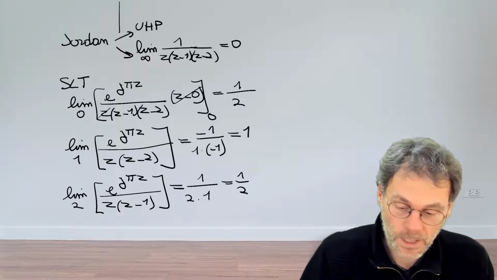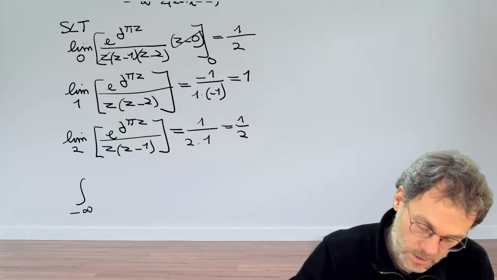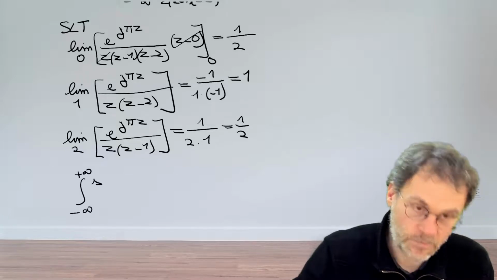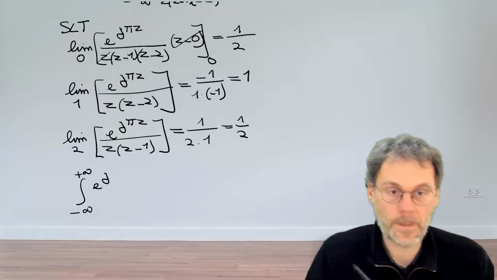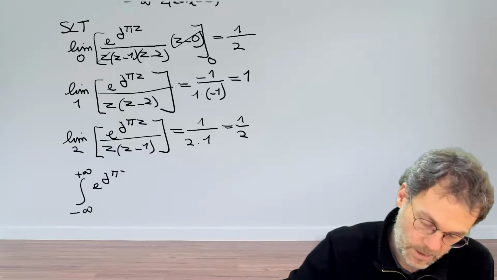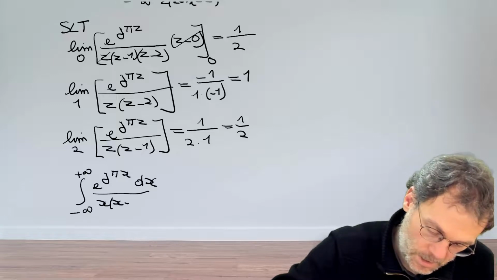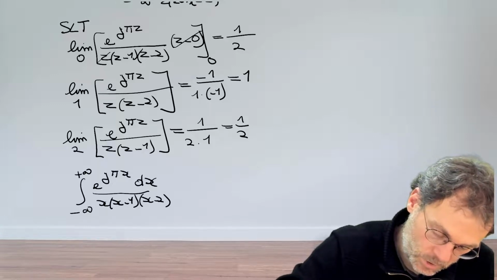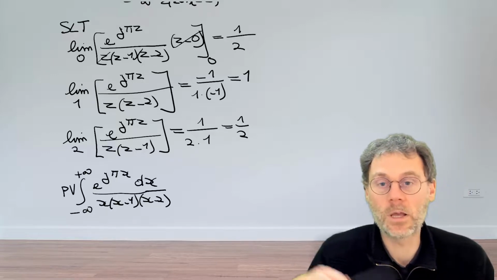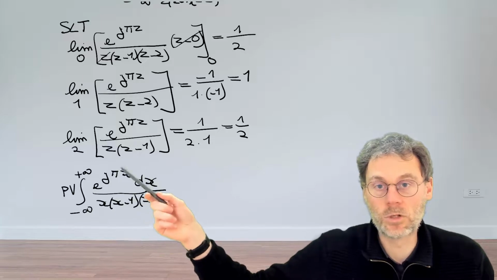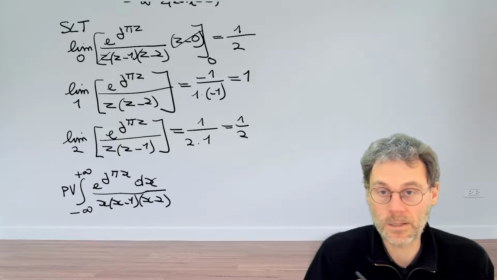If we take all of the limits, we end up with, on the real axis, an integral from minus infinity to plus infinity of exponential j pi x dx divided by x minus 1 and x minus 2. And strictly speaking, I should have a principal value here, because this complex exponential also includes a cosine part which diverges. Okay, that's a small technicality.